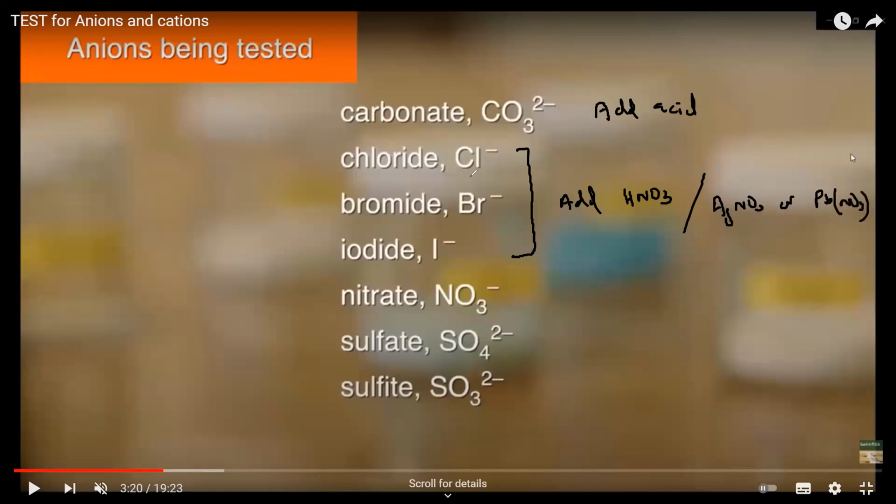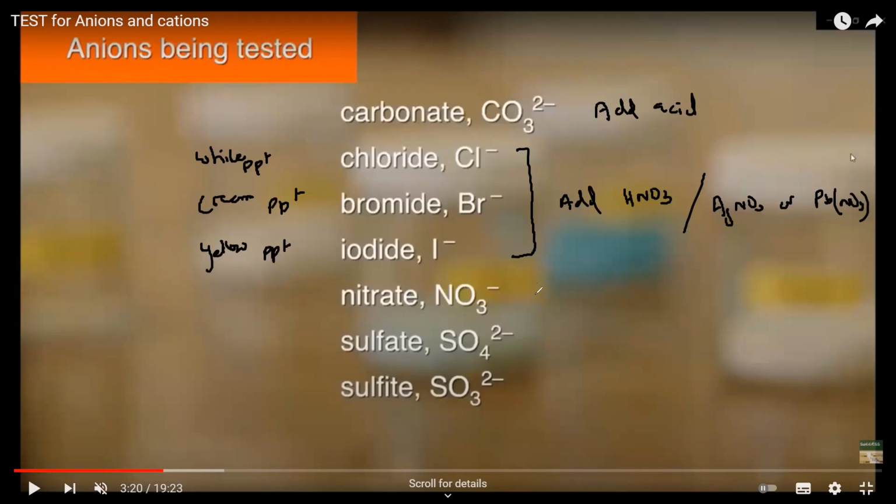If it is white, then chloride ion is there, white precipitate. If it is a cream color precipitate, then it will be bromide. And if it is a yellow color precipitate, then it will be iodide.